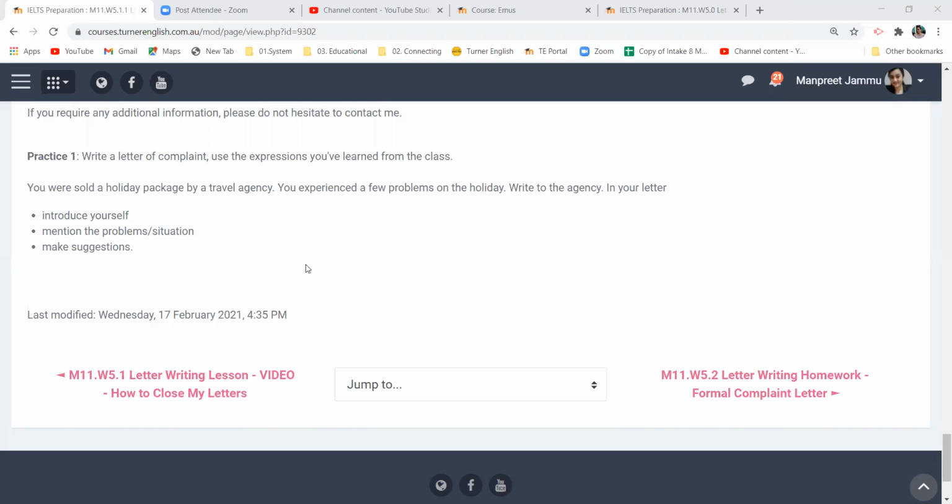With did, we always use the first form of verb: the agency, as it did not fulfill the promise. Whenever you use did in your sentence, you have to use the first form of the verb after that.